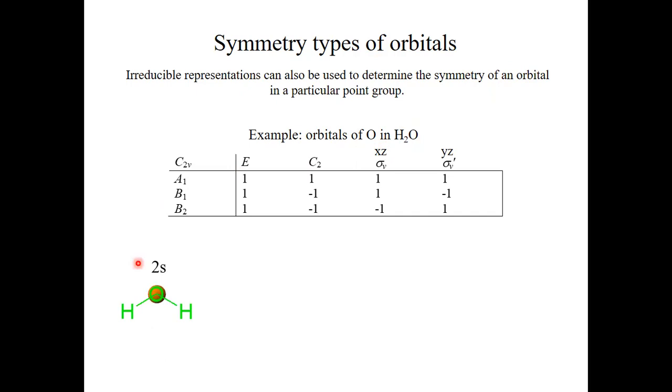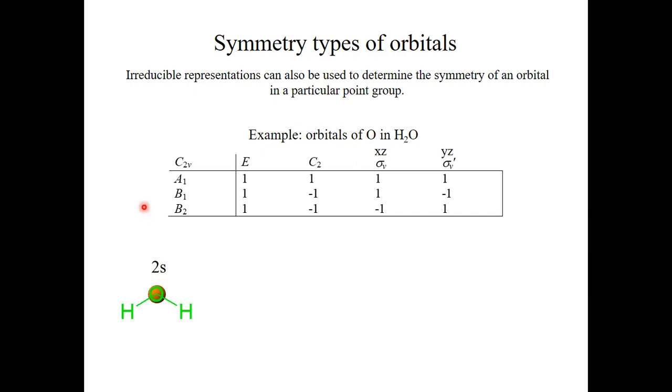Okay, so let us stick with our water molecule. And let's put ourselves on the oxygen atom. And let's think about what the 2s orbital in the oxygen atom within the water molecule, what symmetry type does it have? So we can do this by inspection.